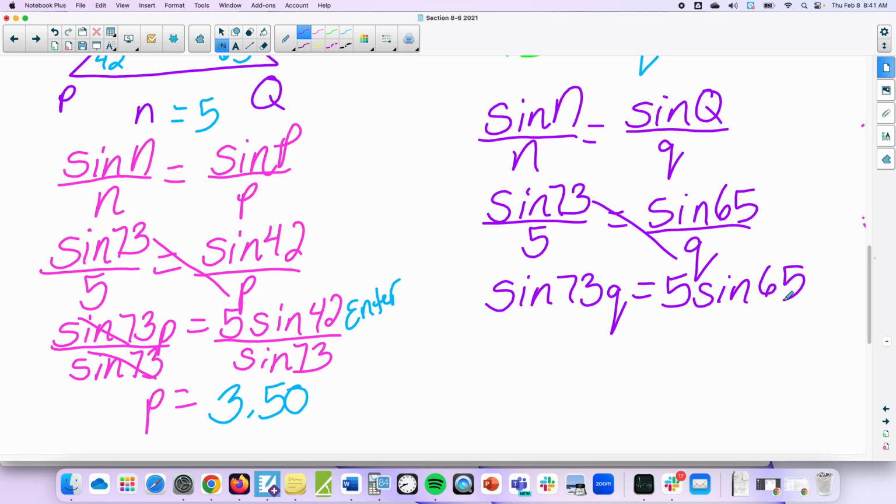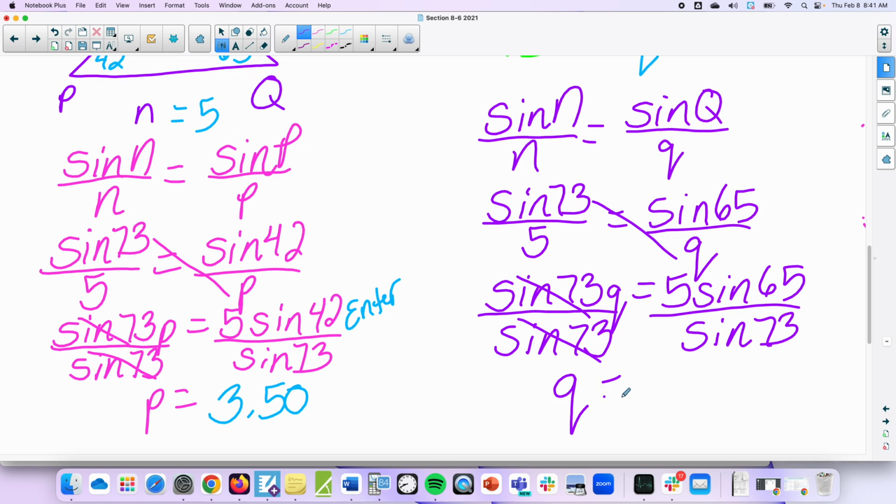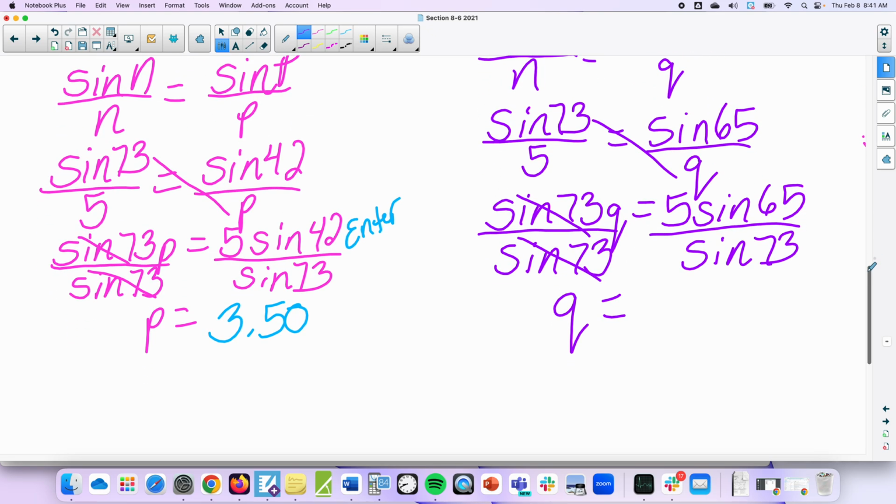And this is multiplied, so we would divide by sine of 73. And q would equal, I would go 5 sine 65, enter, divided by sine 73. Did anyone get an answer? 4.74.